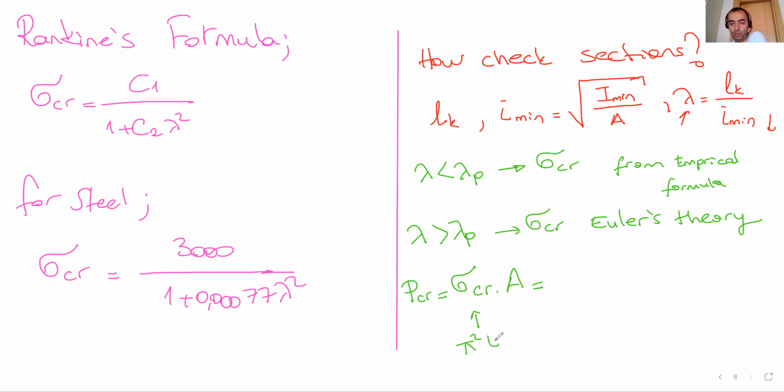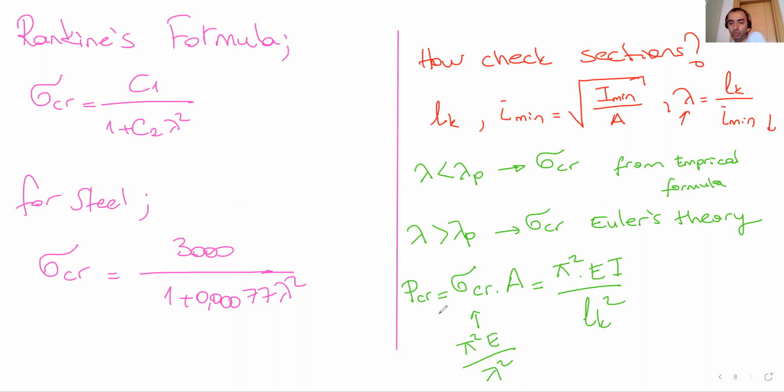Pi square E over lambda square, which gives pi square EI over LK square. So we have P critical.